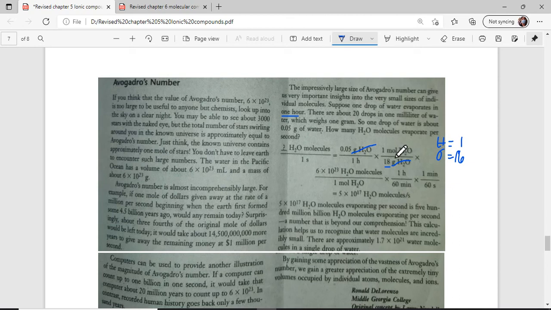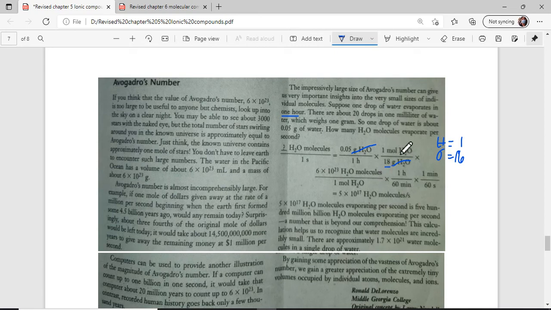It's still not molecules. If you are talking about molecules, you are talking about Avogadro's number, because you are talking about the count of particles or components, like atoms. So 1 mole of H2O is equal to 6.022 times 10 raised to 23 H2O molecules.